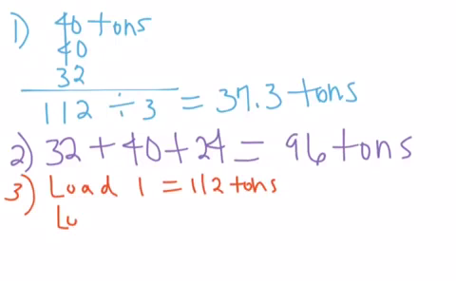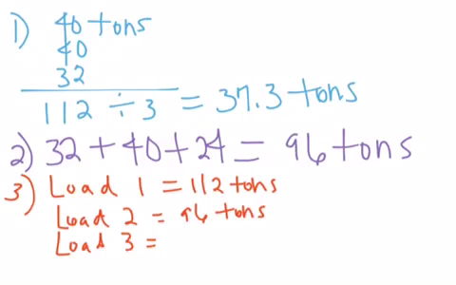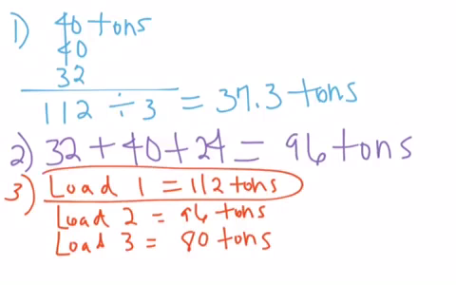If you add up load 2 across, you have 96 tons. If you add up load 3 going across, you have 80 tons. So the load that had the most gravel per load would be load 1.